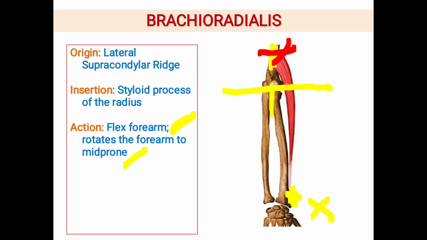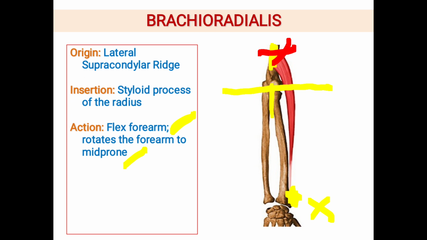For example, if your forearm is in a supinated position, the brachioradialis can turn the forearm to prone position. But it's only halfway. It's not a full pronated forearm.